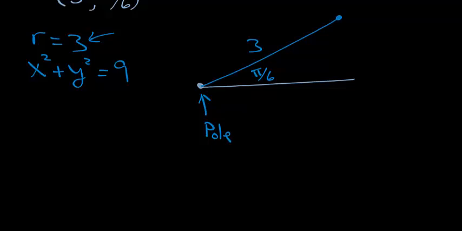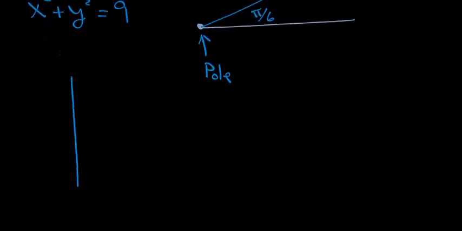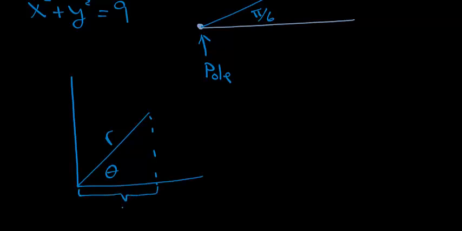Now, we have some relationships that we need to remind ourselves of. Let's just suppose that we've got this r here, right? We've got theta here. And let's suppose that this length right here is x, and this length right here is y.